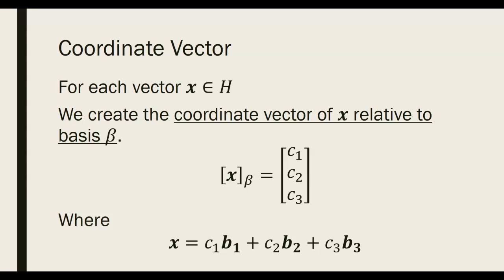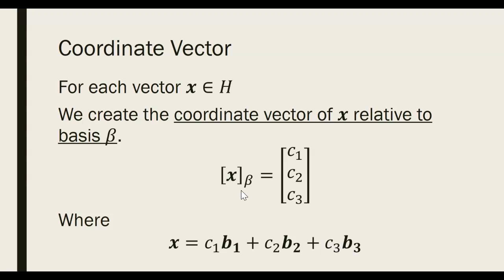So what we can do is we can create something called a coordinate vector. So for each vector in H, we can create a coordinate vector of x relative to basis b. So again, we're going to assume we have a basis, we're going to assume we have a vector. We know it can be written uniquely as x equals c1b1 plus c2b2 plus c3b3.